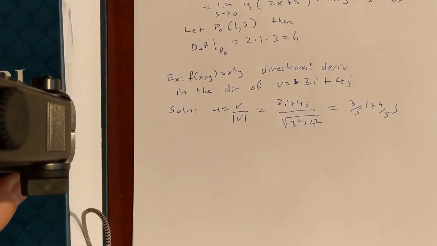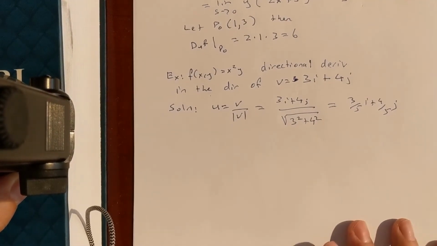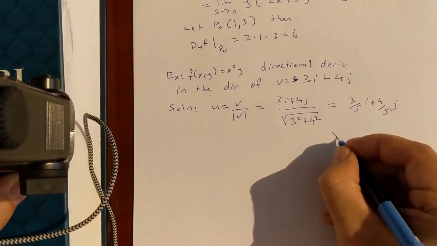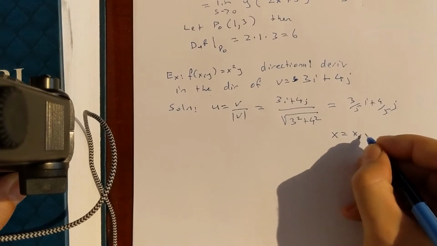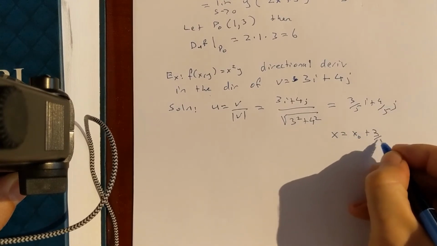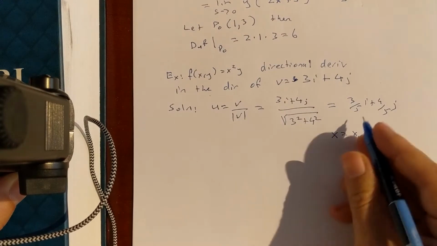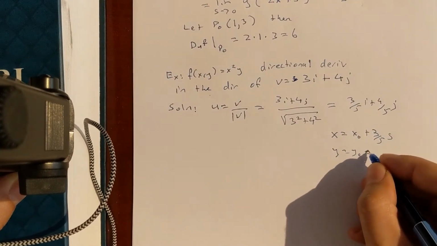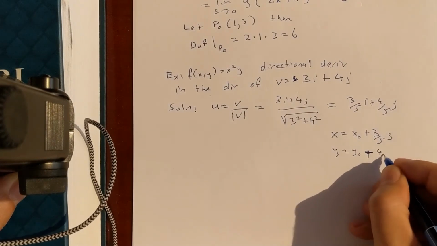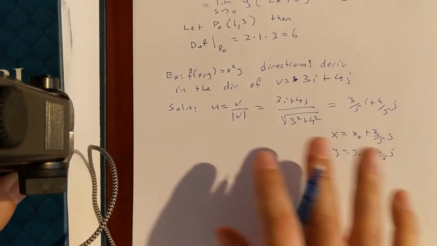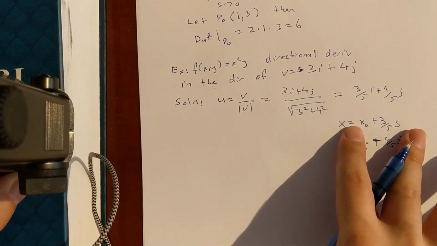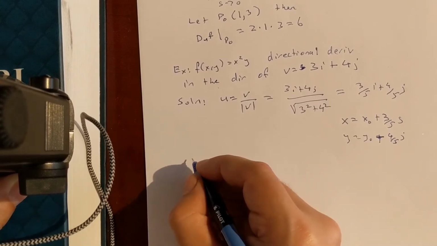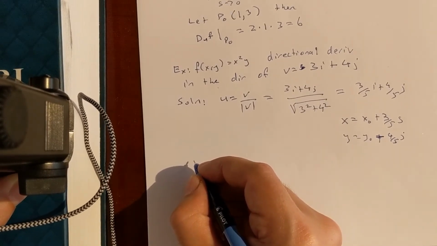If we were to parameterize the line, we would want x plus 3/5 s for the x component, and y naught plus 4/5 s for the y component. So wherever I see an x, I'm going to plug in x plus 3/5 s. Let's write down our formula. The more we write it down, the easier it will be to memorize.